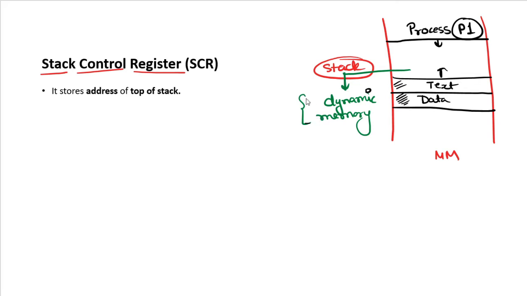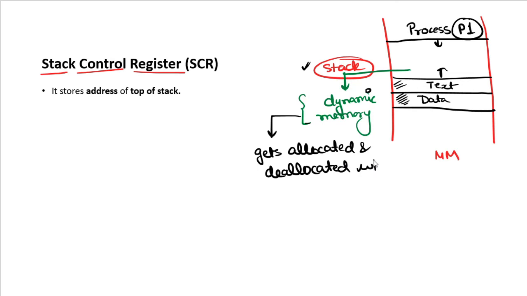Dynamic memory is a memory chunk inside the process that gets allocated and deallocated at runtime, while the program is getting executed.